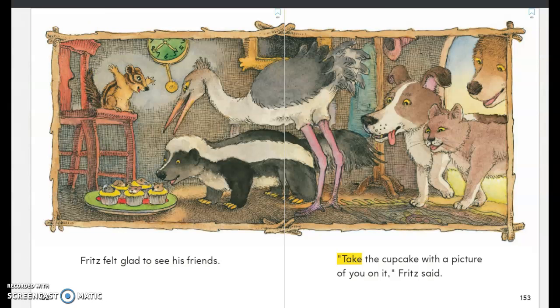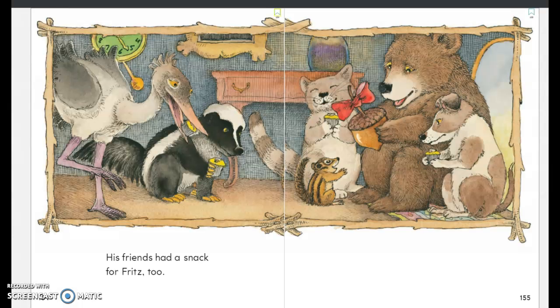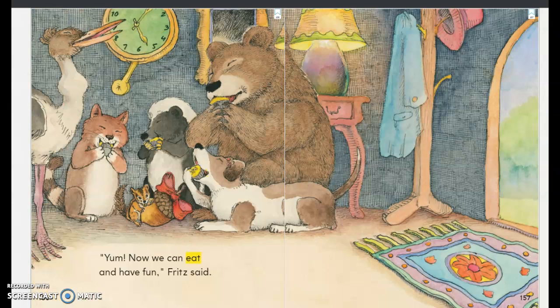Fritz felt glad to see his friends. Take the cupcake with a picture of you on it, Fritz said. His friends had a snack for Fritz, too. Yum! Now we can eat and have fun, Fritz said.